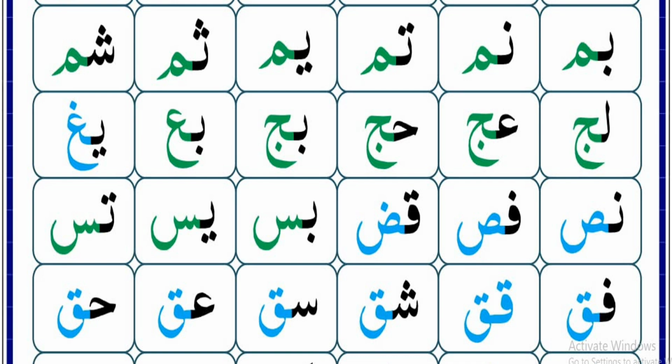This is another video about compound letters, huruf murakkaba. So we are learning how to identify the letters just by looking at the half shape of the letter or the head of the letter.